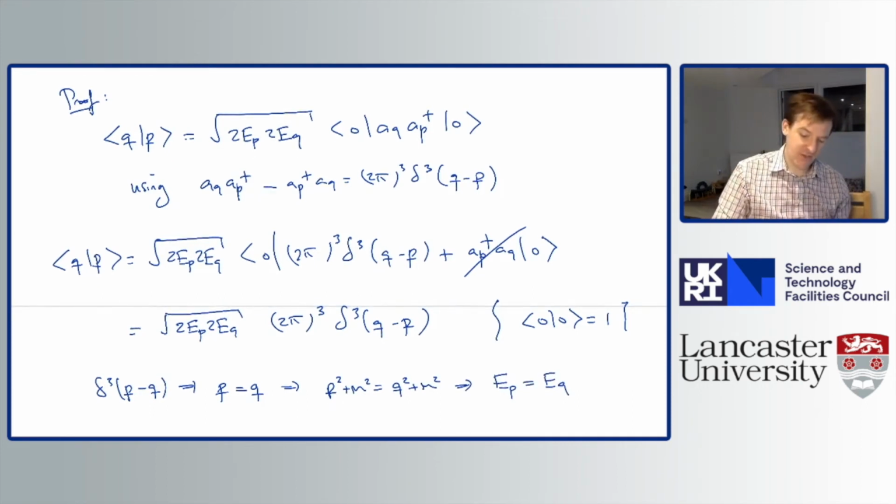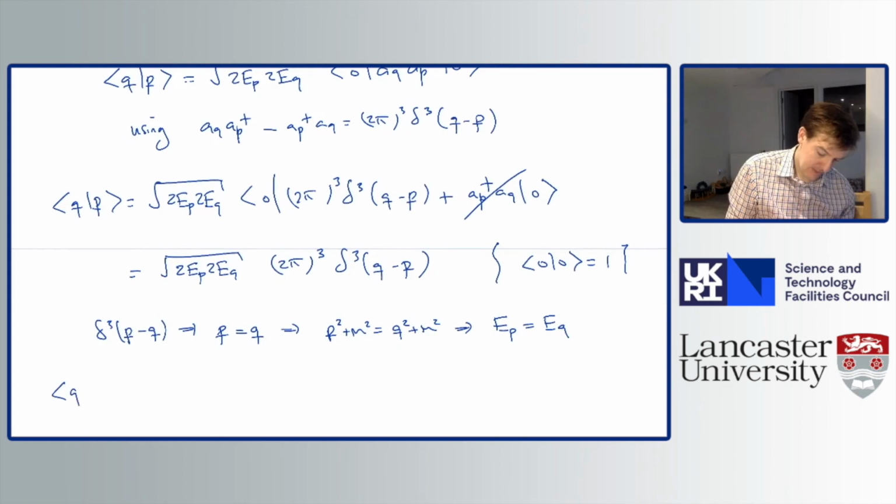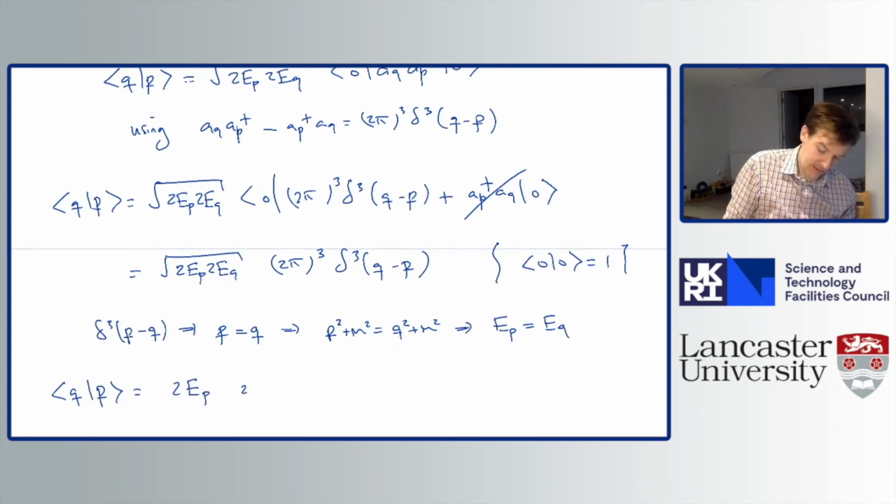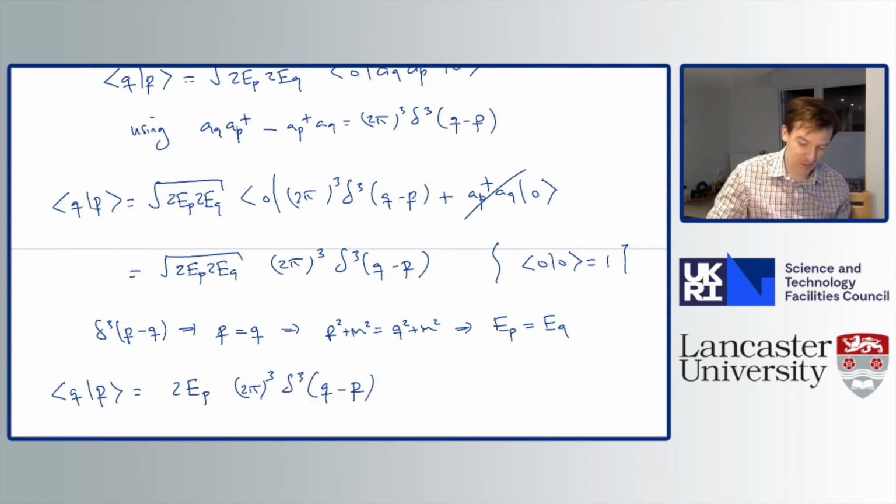So this delta function does all of this, which means we can simplify this term a little bit, because in reality E_p is going to be the same as E_q. So this is going to be 2E_p 2π cubed δ³(q minus p). Of course, we could have labeled it with a q as well. E_p and E_q are the same, so it doesn't matter.